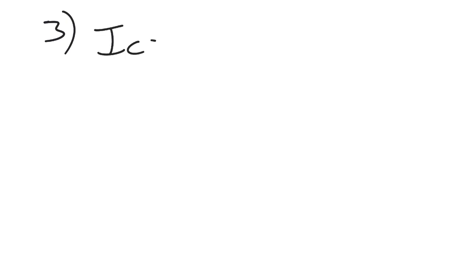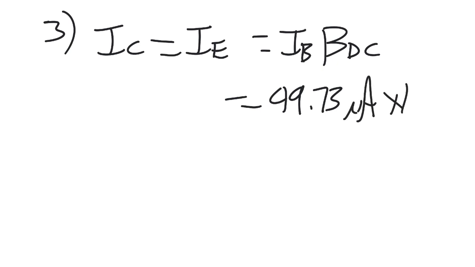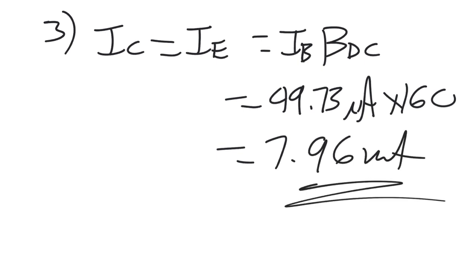Okay, the collector current, which we said before, is essentially equal to the emitter current, equals the base current times the current gain, okay, so almost 8 milliamps.